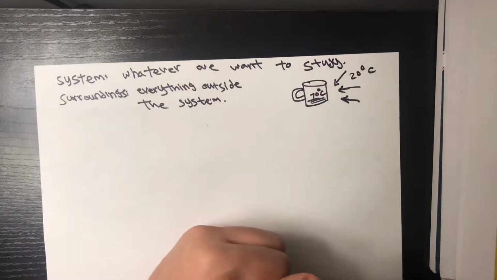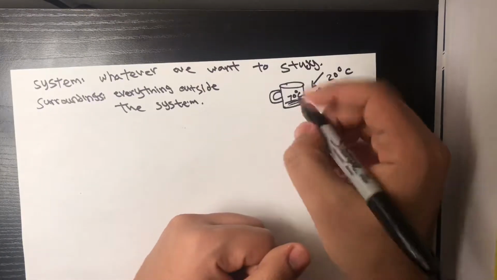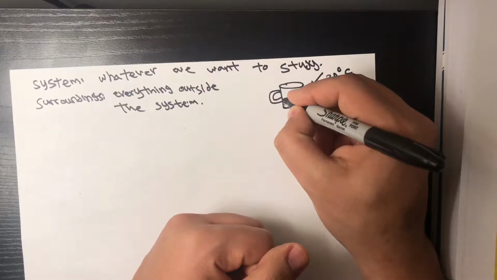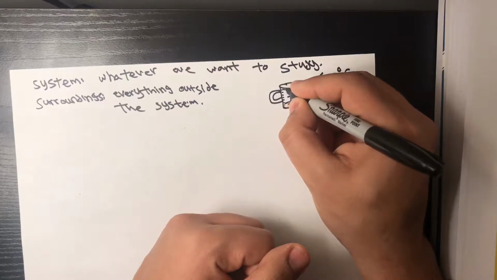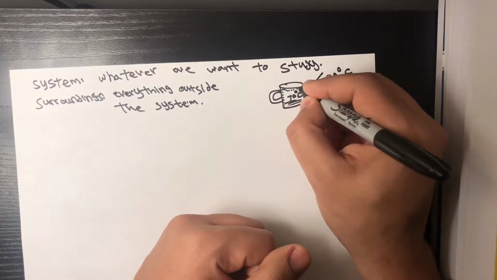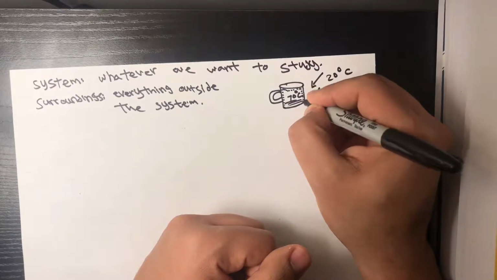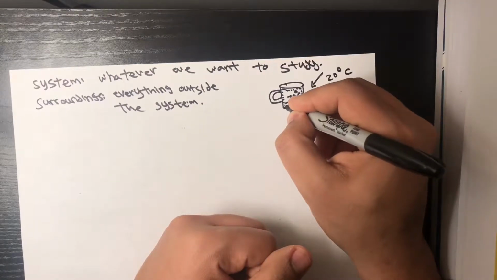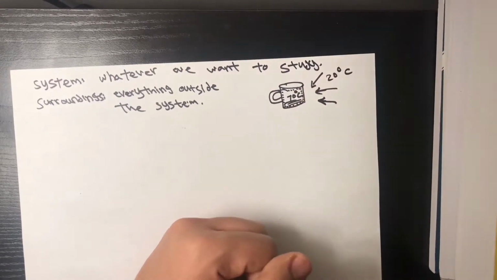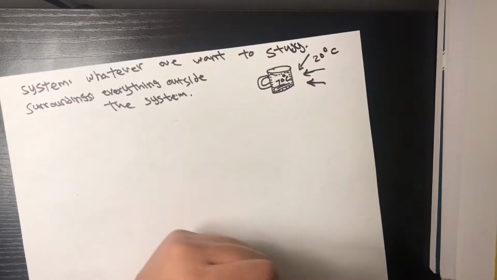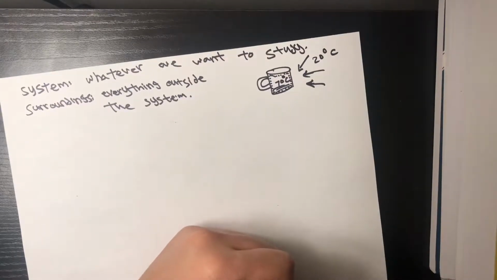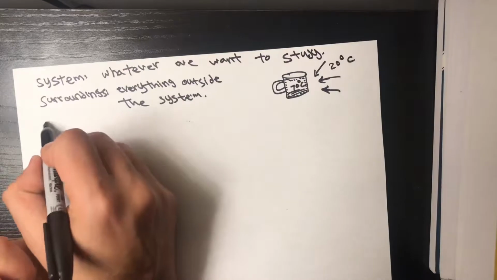So we have the system, we have the surroundings, and whatever separates it, we call that the boundary. I don't know if you could see it, this dashed line here, just outside of the coffee, you can picture that as the rim of the coffee cup, or the edges. So that's going to be your boundary.